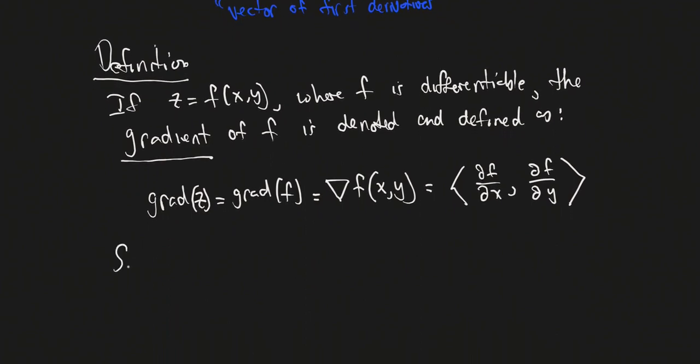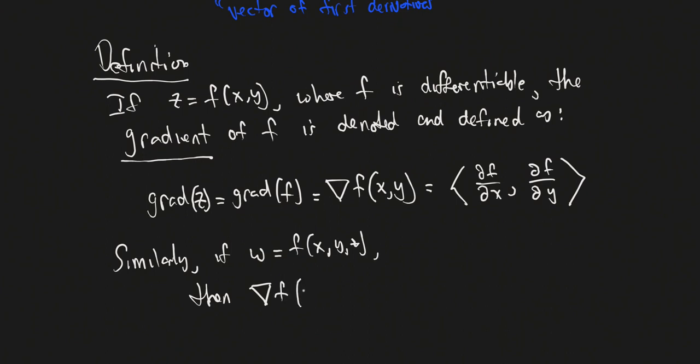Right, so I'll just say similarly, if w is a function of x, y, z, then again, I'll go ahead and just use this symbol. So the gradient of f, and we could put w there if we want. I'll just go ahead and use the f. So like this.